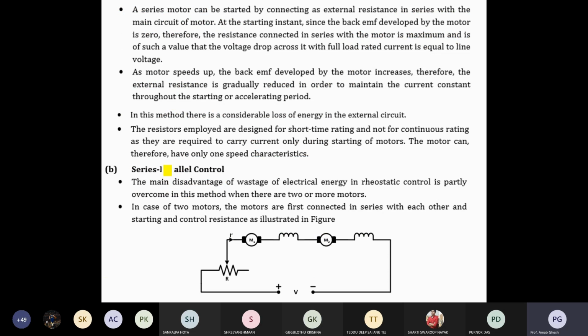So what can we understand from rheostatic control, what are the most important points? A series motor can be started by connecting an external resistance in series with the main circuit of the motor.